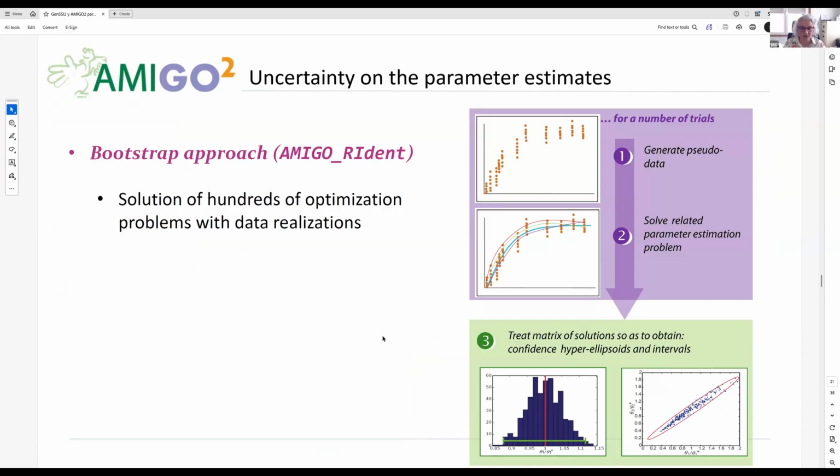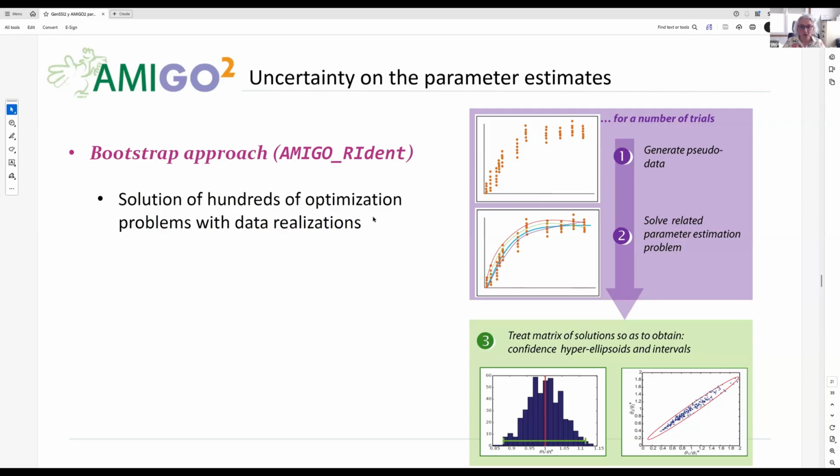Of course, it will depend on the size of your model, but it is one optimization, and automatically you get the confidence intervals through the Fisher, provided the experimental data is rich enough to be able to compute the inverse of the Fisher information matrix, of course.